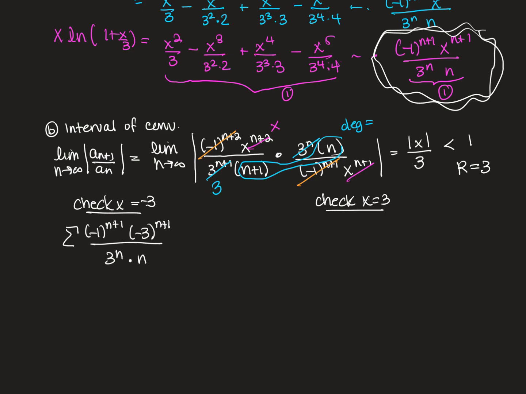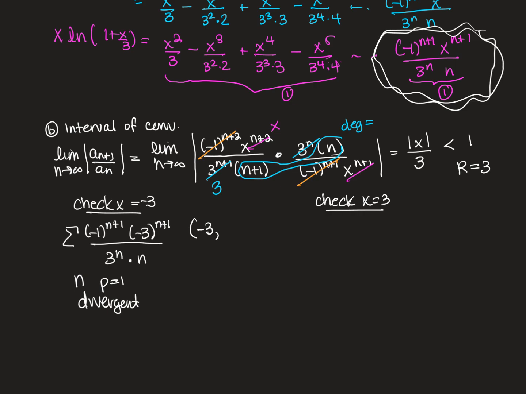The first thing you should notice is that these should cancel in absolute value. Whatever was here should be the same type of geometric piece. So this right here we know is harmonic because p is equal to 1. So it matters if it alternates, and this will not alternate. They'll either both be positive or both be negative. So this is divergent. So at -3, we do not include it.